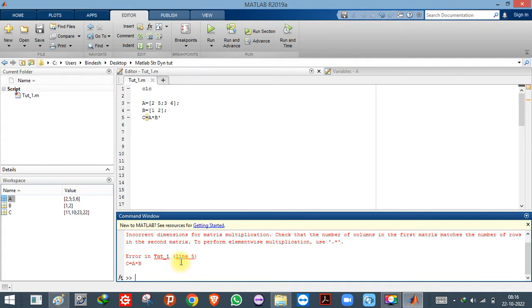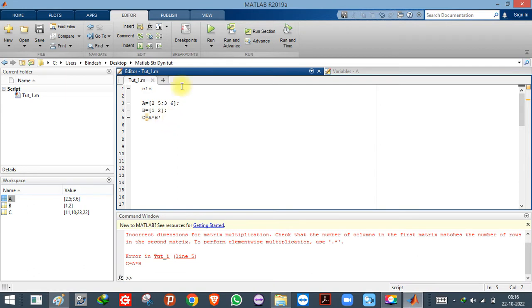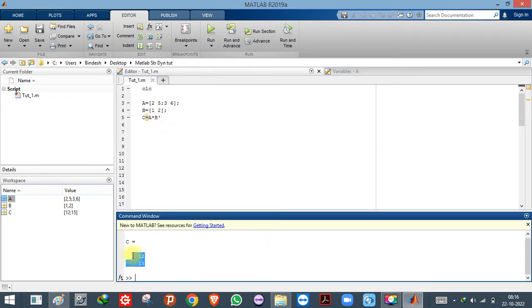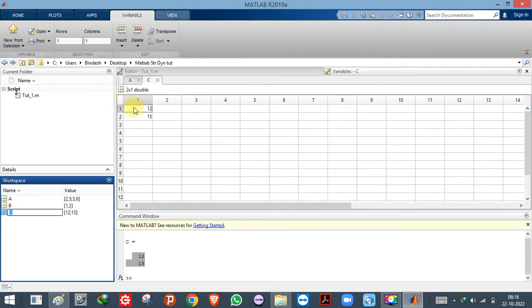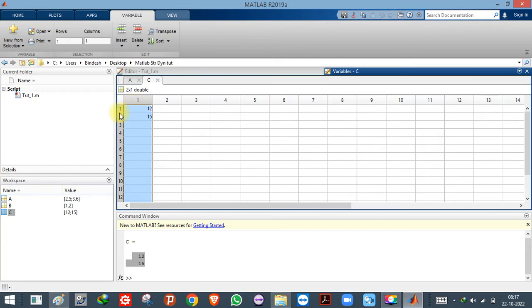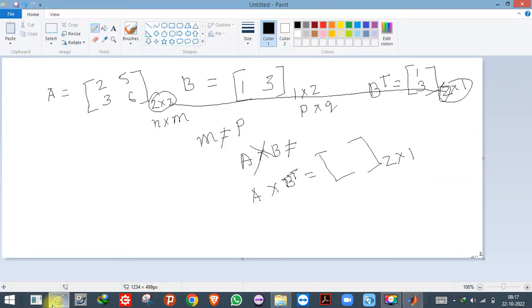So that sign you just have to use over here. Now if you see, this multiplication is possible, so it becomes C. Now C has become a matrix which has 1 column and 2 rows.